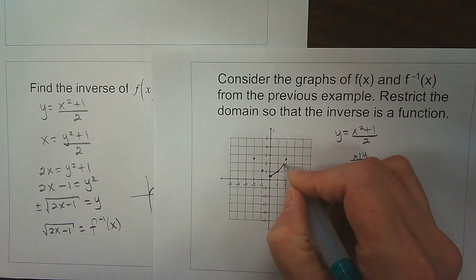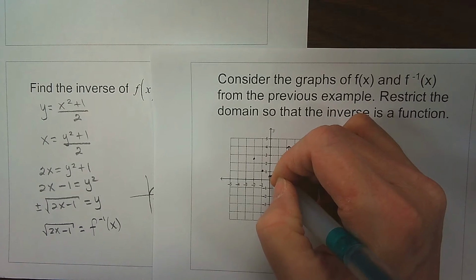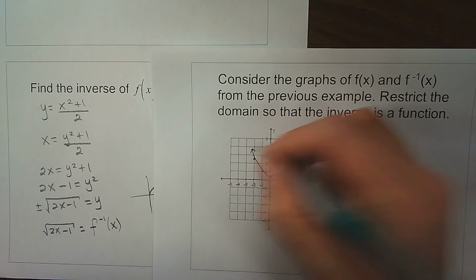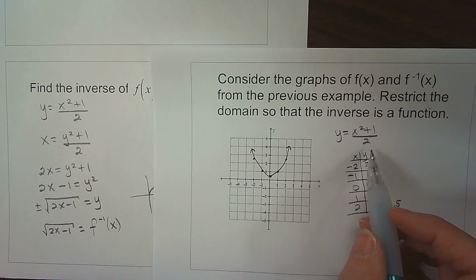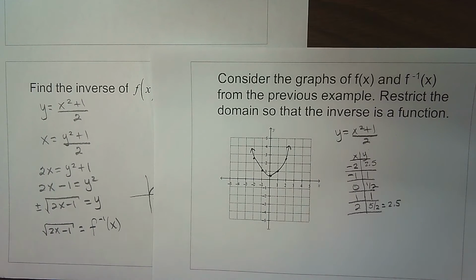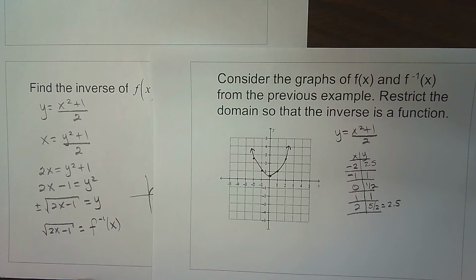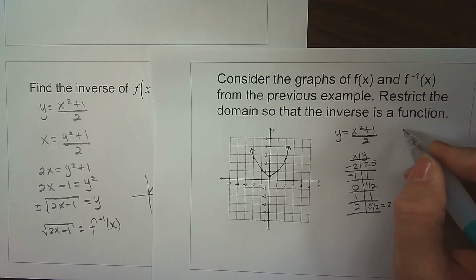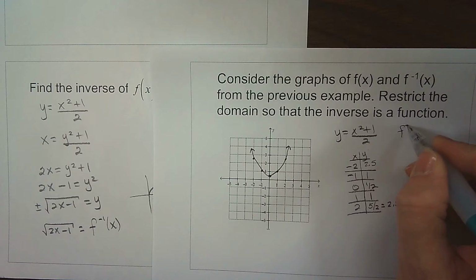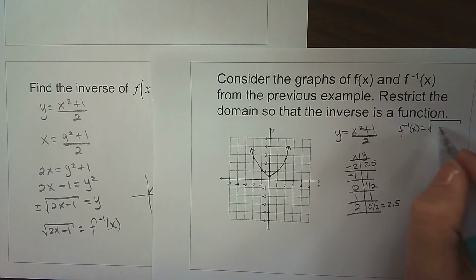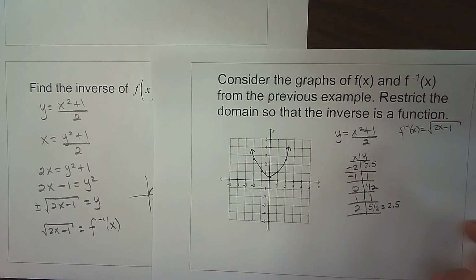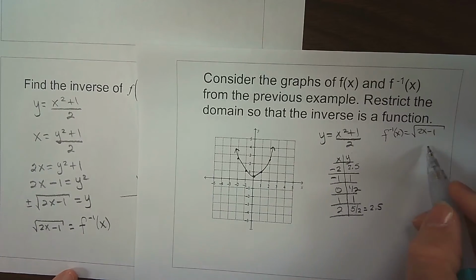So here is the shape of that curve, which shouldn't surprise me that it's a parabola because I've got this x squared variable there. All right. What I want you to think about now is the new function that we described, f inverse of x, equaling the square root of 2x minus 1. So again, I'm going to make a table of values for that.